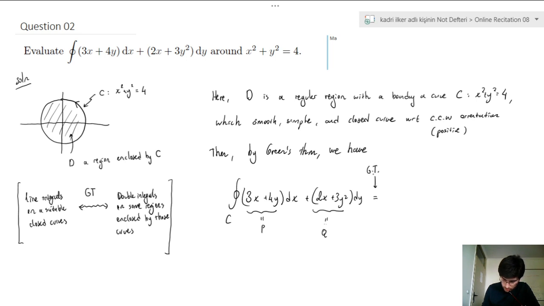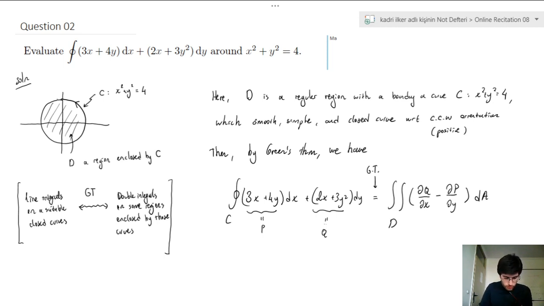So you pass to the corresponding double integral of the integrand del Q del x minus del P del y, dA, the area element.